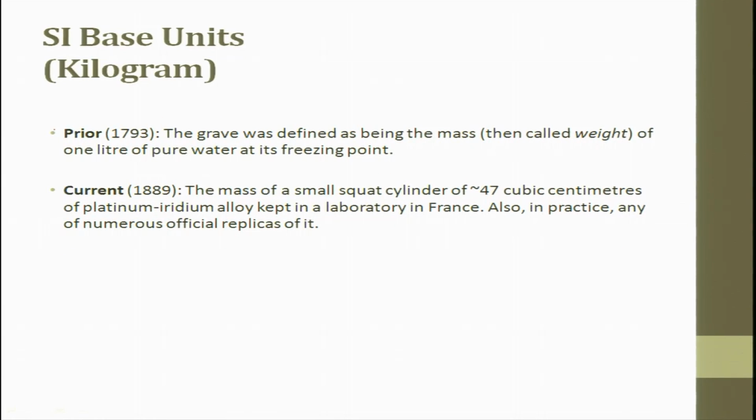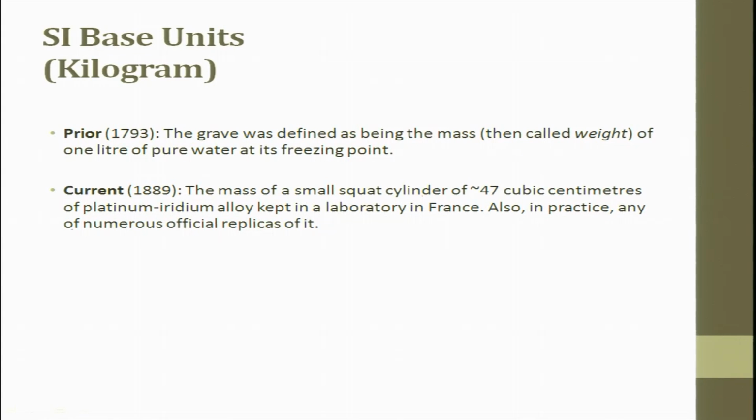The same way for kilogram also, prior, in 1793, the grave was defined as being the mass, then called weight, of 1 liter of pure water at its freezing point. That was talked about first for a kg, but currently we have accepted the mass of a small squared cylinder of 47 cubic centimeter of platinum iridium alloy kept in a lab in France.